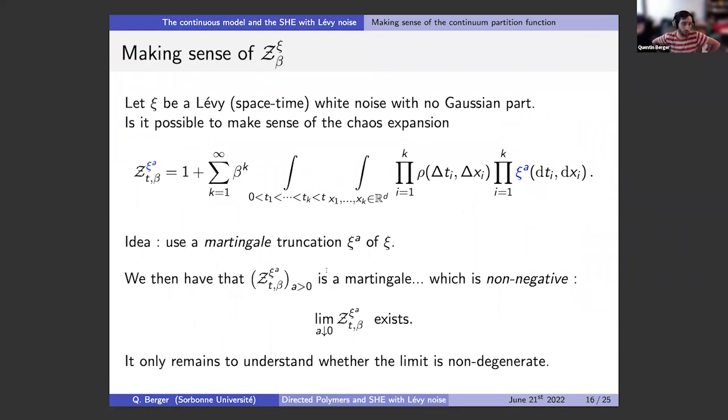We know that the log of this is well defined, but to show that it satisfies the KPZ equation is not easy, because we have to estimate some moments of the log of Z, and this seemed quite hard to us, at least. Maybe some people can do that.